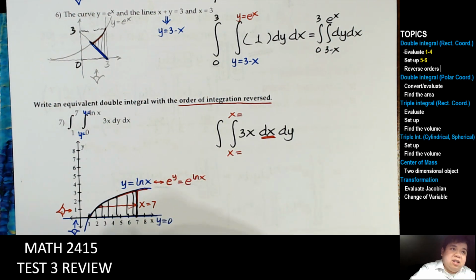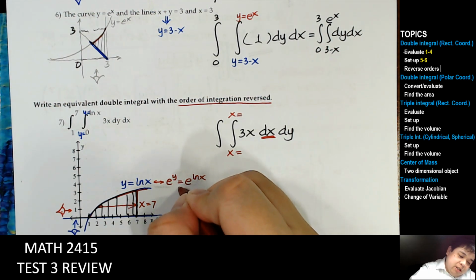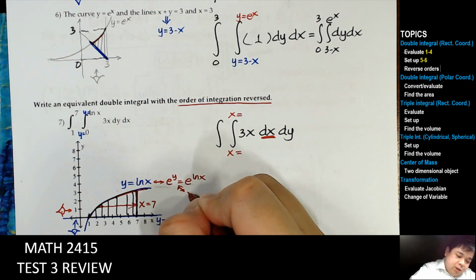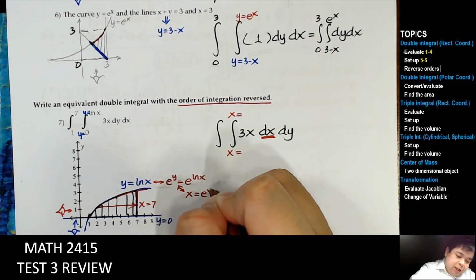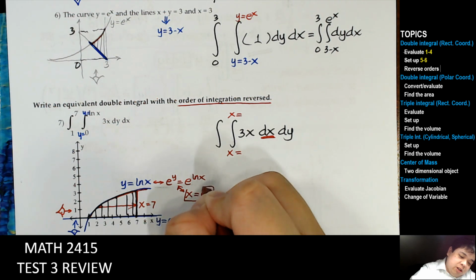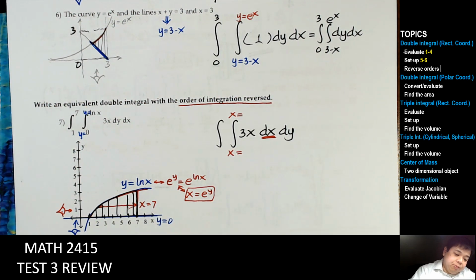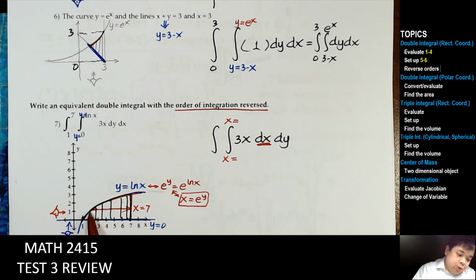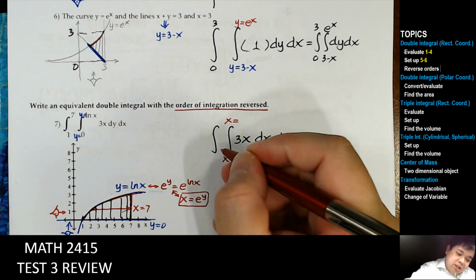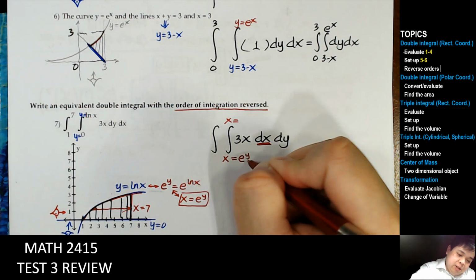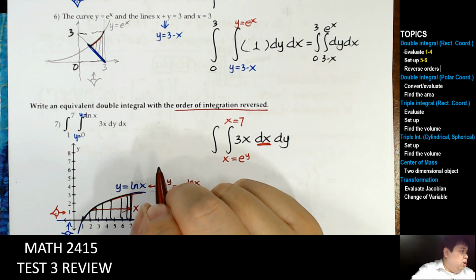Ln and e cancel out. So that is the same as x equal to e to the y. We're going to have the function x equal to something of y. So this is x equal to e to the y, and this is x equal to 7. That is the limit for x.